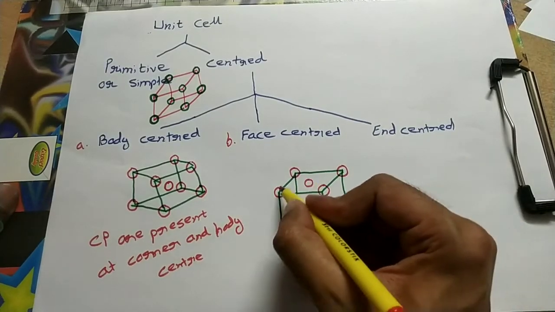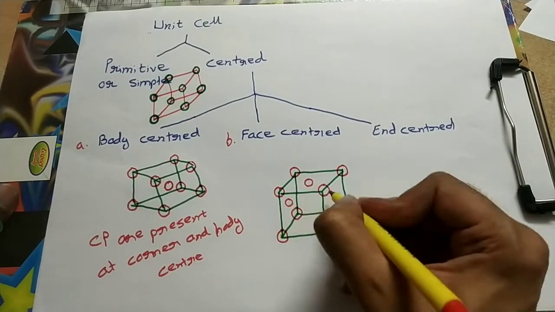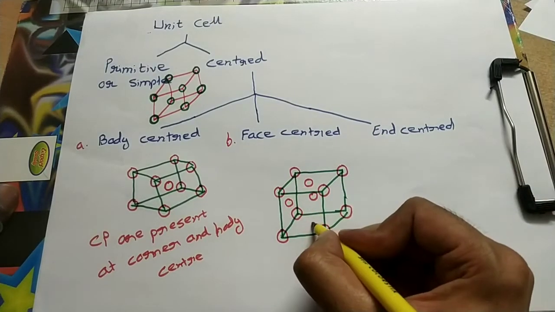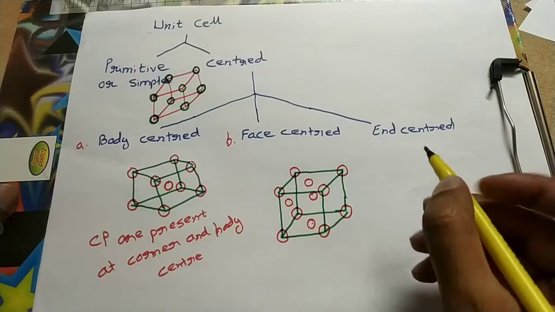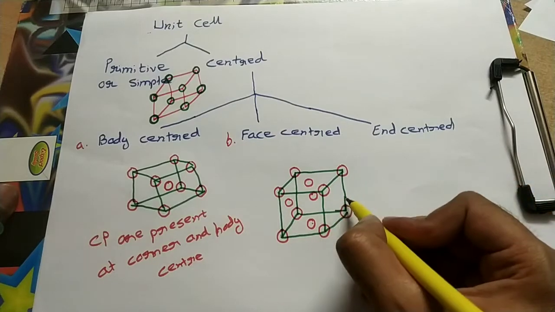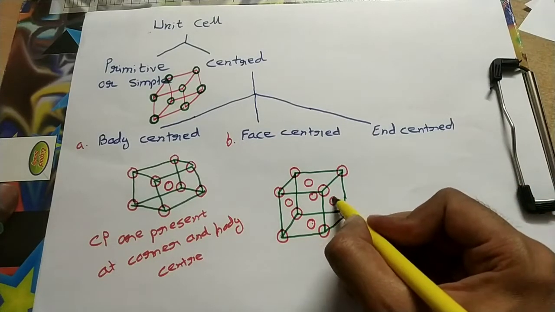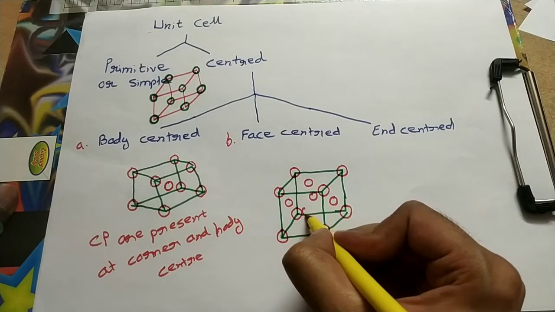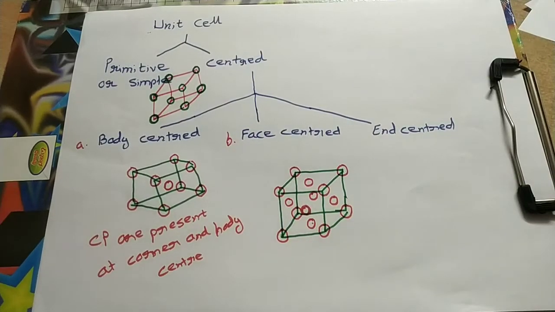This one; the side, this one; the back side, approximately here; the bottom, this one; the right-hand side, this one; and the front, this one. So the constituent particles occupy the corners and the centers of each face.